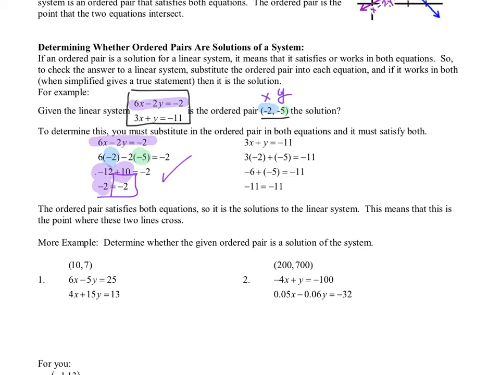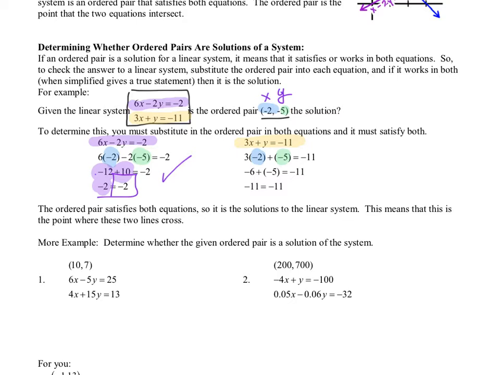Now this solution has to work for both equations, not just one. So we have to now check our 3x plus y equals -11 equation. That's this one right here. So again, I take x is -2 and plug it in. I take y is -5 and plug it in.